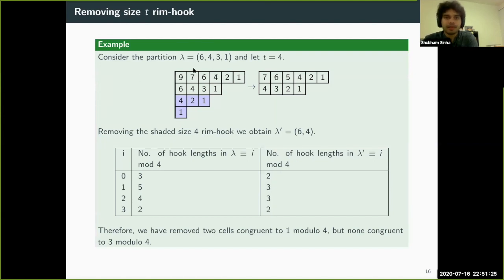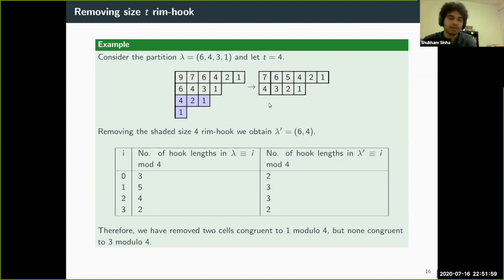But the same argument does not hold for general congruence classes mod t for the hook length. Here's an example where we take lambda to be (6,4,3,1), and I've written down all the hook lengths of the cells. In this table, we noted what happens to hook lengths modulo 4. For 0 mod 4, this is before removing the 4-rim hook, and this is after.